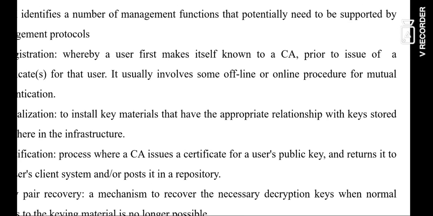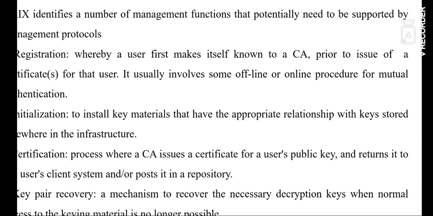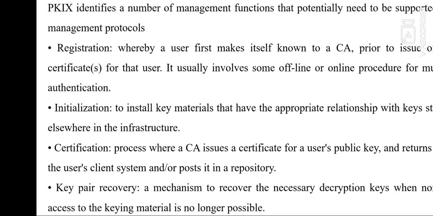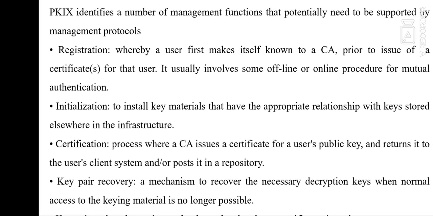The first one is registration. Through registration, the user first makes himself known to the certification authority. That is, before getting the certificate from the CA, the user has to register himself through a process called registration.